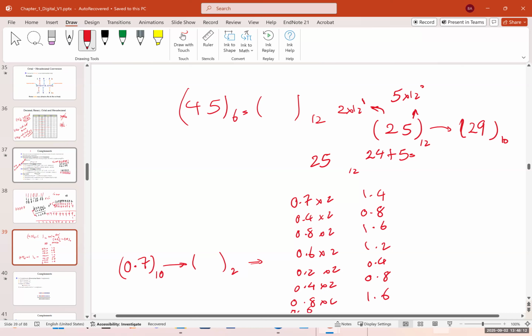Again, 0.6 times 2 is going to be 1.2. So you can see that what happens here is this pattern repeats.